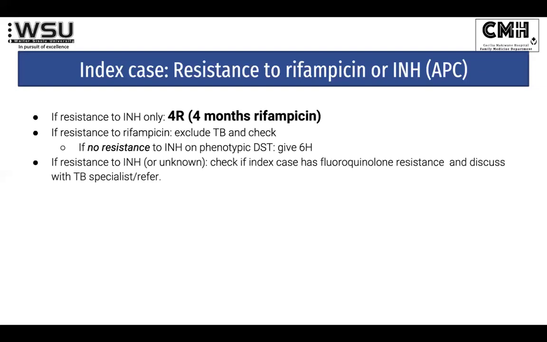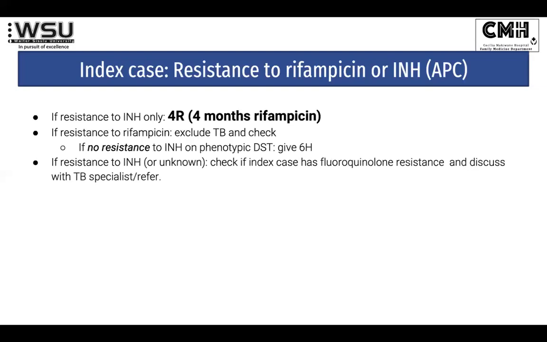If there is resistance to INH or we don't know, then obviously you need to follow up with that index case. Is this XDR TB, do they have fluoroquinolone resistance? But they do recommend that all of those patients, those who are resistant to both INH and rifampicin, need to be discussed with an expert.